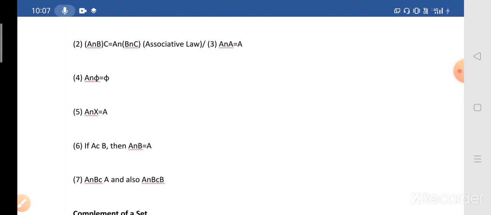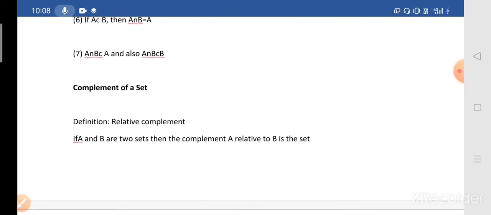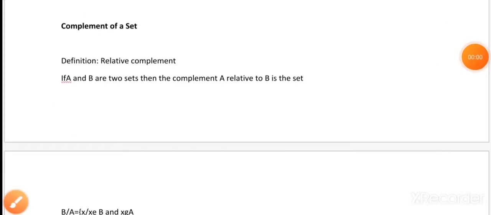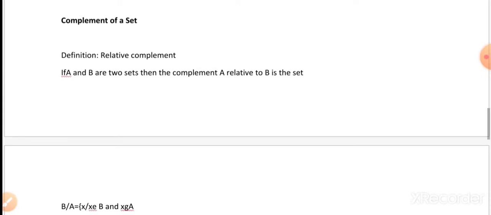Therefore, complement of sets. Here the complement of a set is defined relatively, meaning two sets are taken relative to each other.